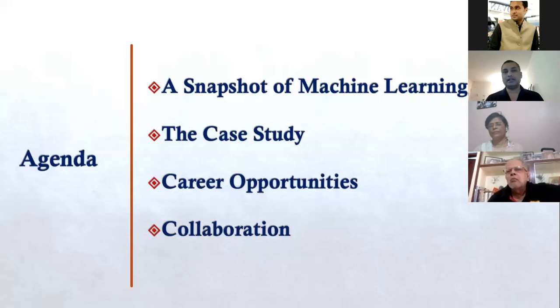After that, I'll briefly talk about career opportunities in the area of artificial intelligence and machine learning. It's a perception that only students or professionals from a computer science background could go into an artificial intelligence and machine learning career.